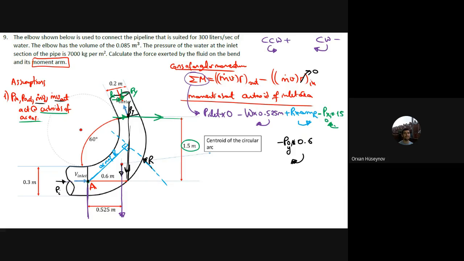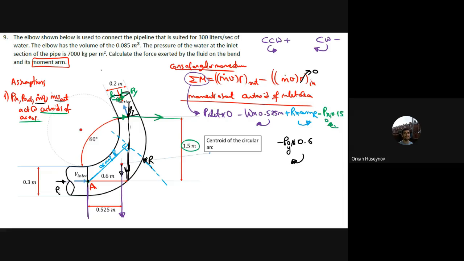Now comes the outlet part. To solve the outlet part, I will draw it again here. This is the shape that we are going to consider, and this is the area here, and the velocity will have direction in that way. This is the velocity outlet, and it will have two components, one in x direction and one in y direction.